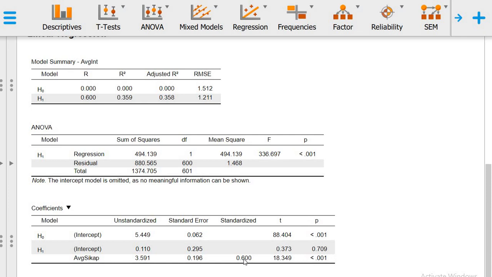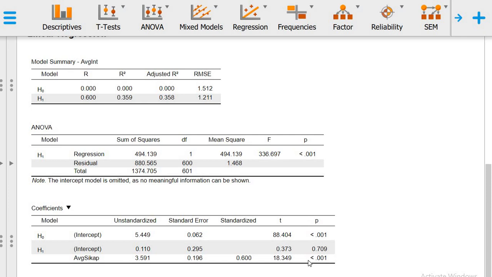If in fact the slope is 0, it means you cannot use this variable to predict the y values or the dependent variable value. So in this case, what we have is a significant value based on the t-test here. The value of t is 18.349 and p is less than 0.001.